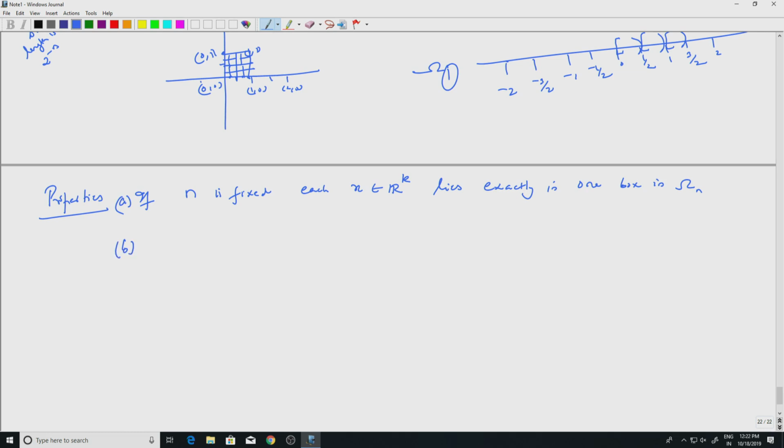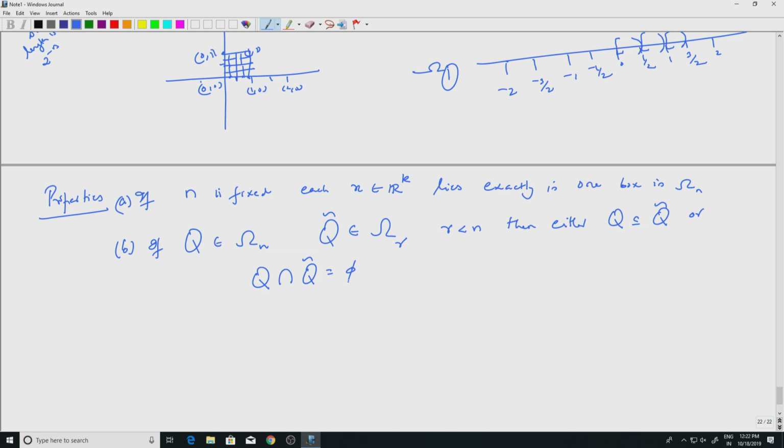Second, if q belongs to omega n and q tilde belongs to omega r, where r is less than n, then either q is contained in q tilde or they are disjoint. Q intersection q tilde is empty.